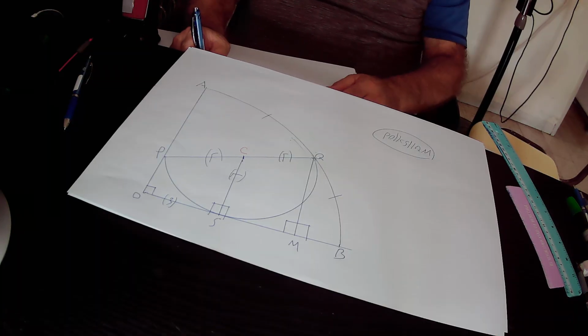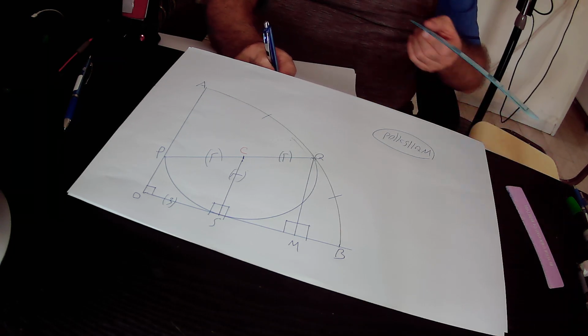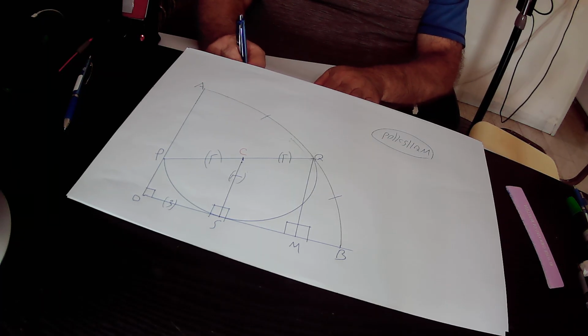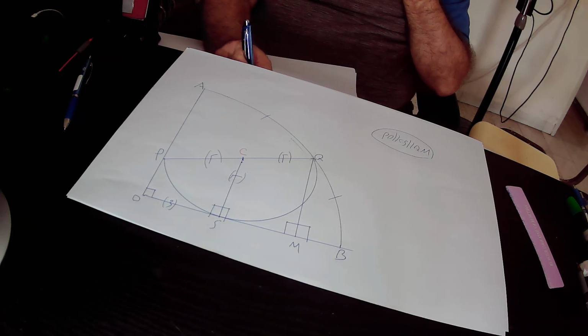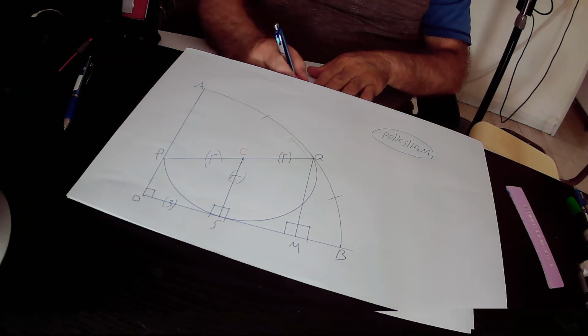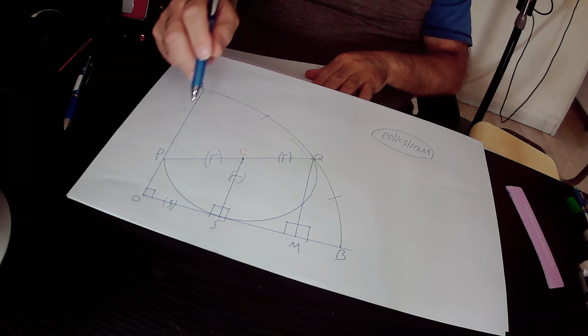According to Thales' theorem, PC over CQ equals OS over SM.